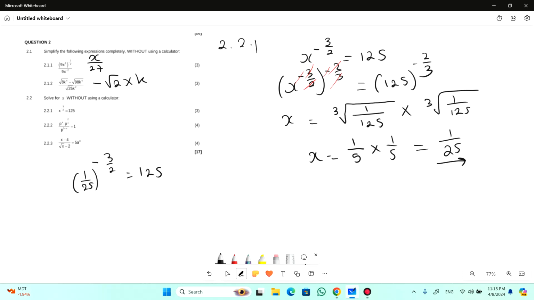Let me just check here, negative 3 over 2. Yep, you should get 125, right? So our answer here is 1 over 25. Okay, hoping that you guys are following. If there's something you didn't understand, again, comment down below.